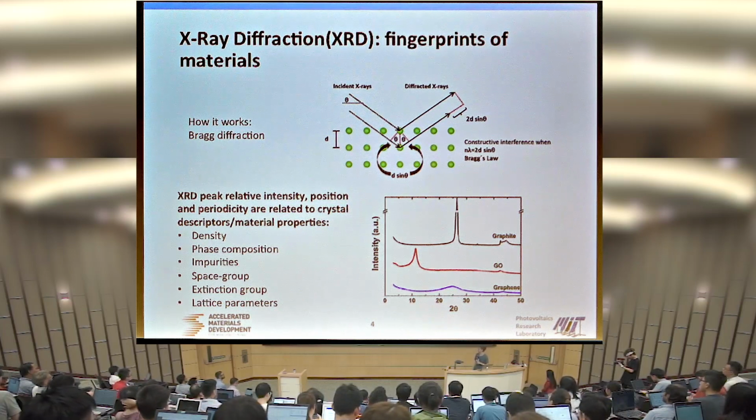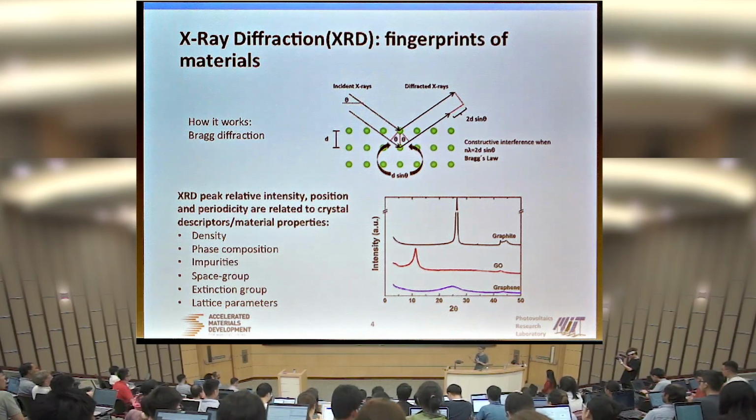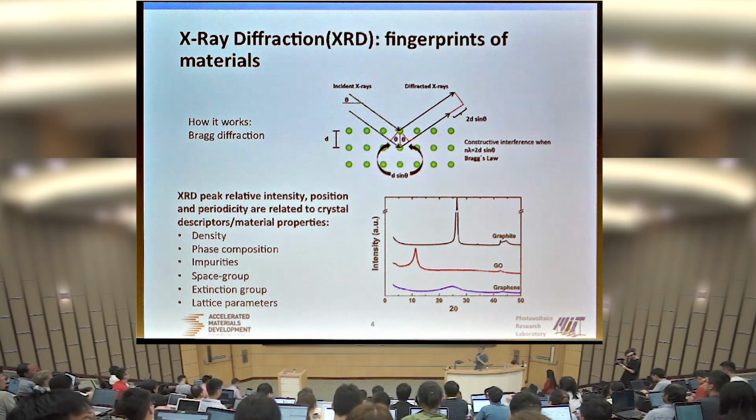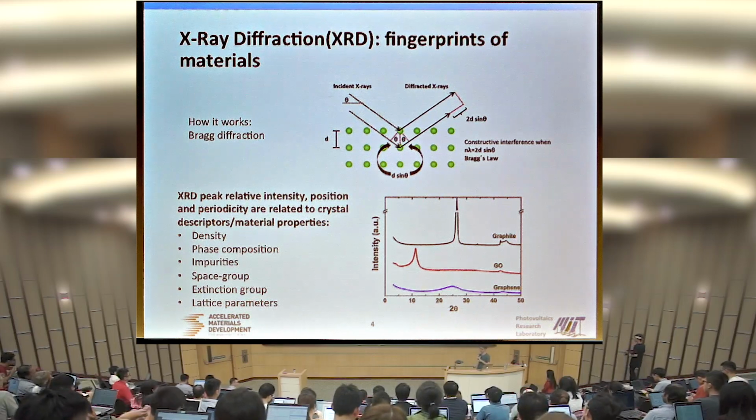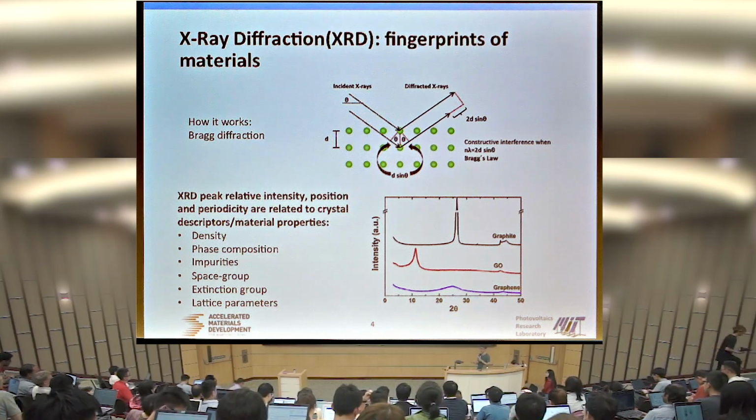So first of all, what is XRD? What is X-ray diffraction, and what can it do? This picture is the working principle of X-ray diffraction. We know that all materials consist of atoms, and these atoms have a certain periodic arrangement.